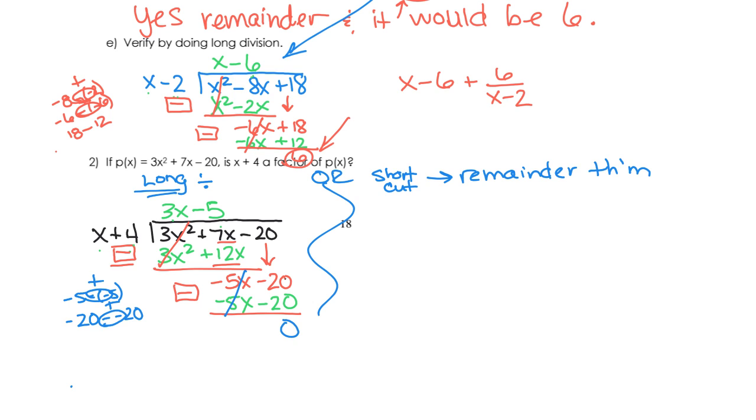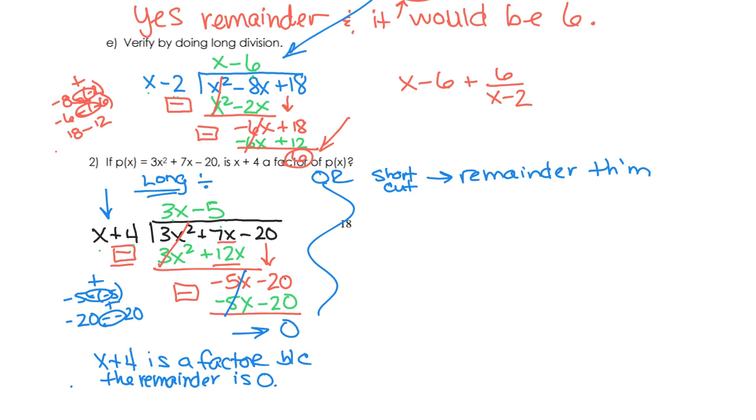And so we get 0. And there's nothing to bring down. And therefore, because this is a 0, this is a factor. And so now we can say x plus 4 is a factor because the remainder is 0.